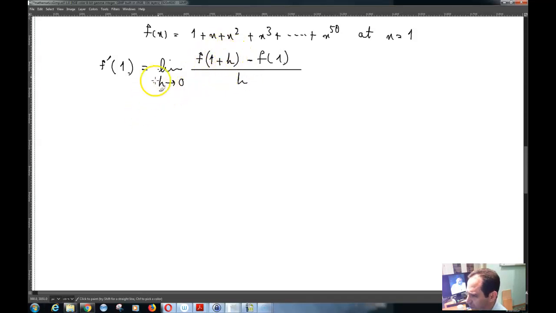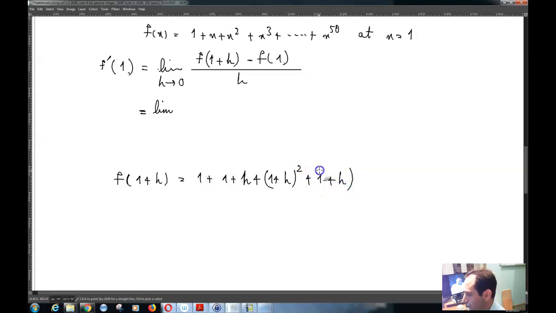Let's see what this becomes, although it's been solved in a different way in the book. So this is equal to the limit of, now f of 1 plus h is going to be equal to 1 plus h plus 1 plus h whole squared plus 1 plus h whole cube plus all the way up to 1 plus h raised to the power 50.